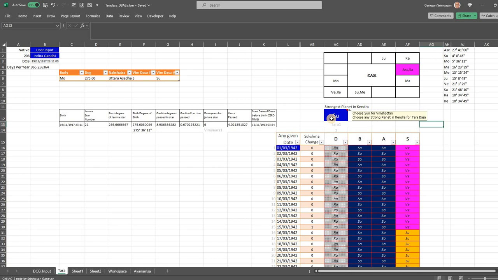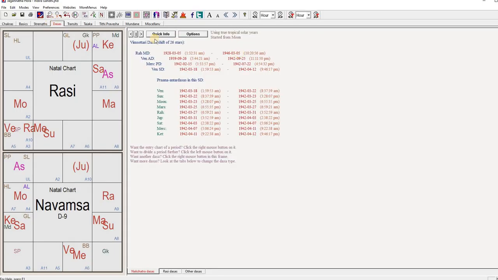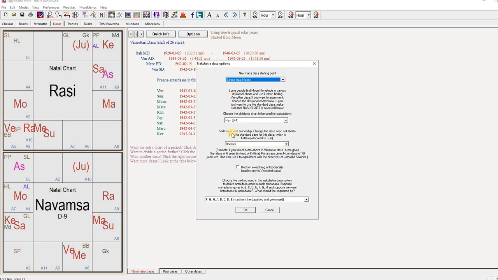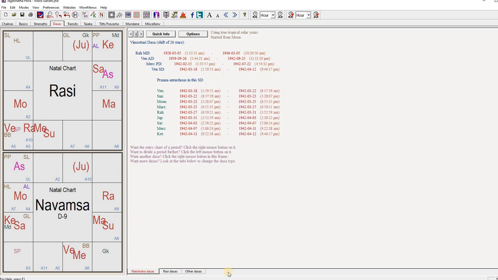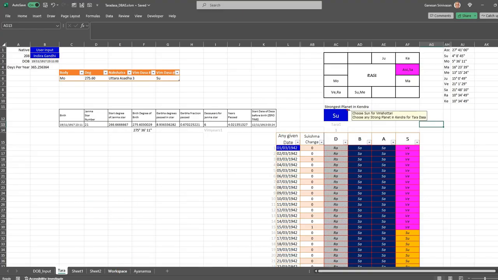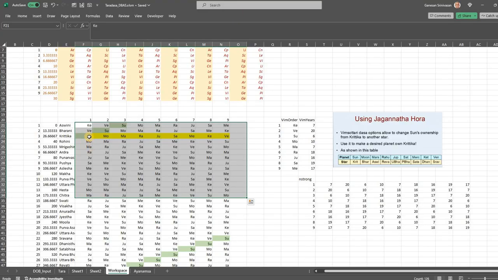You can do it in Tara Dasha specifically, which is not there in Jagannatha Hora. But in Jagannatha Hora, the way to go about it is, under Vimshottari, you have the option of which nakshatra the Sun rules. It does not tell you who is the Lord of Kritika to be considered, but it tells you which nakshatra Sun rules. For that, you'll have to look into this workspace. Sun rules Kritika in Vimshottari Dasha.